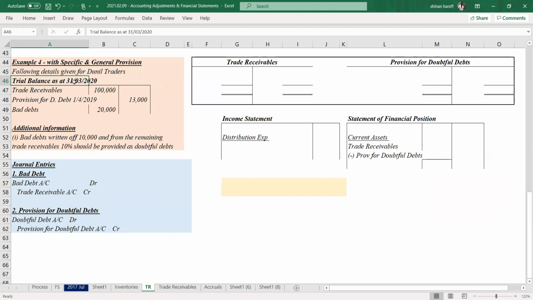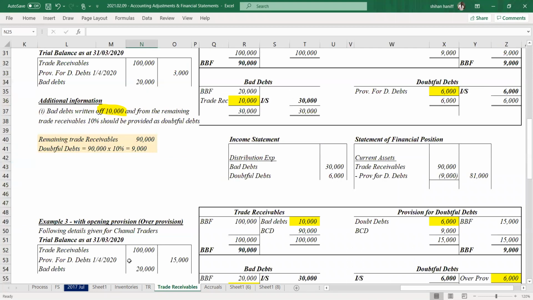Following details are given for Donate Traders. Trade receivables 100,000, provision for doubtful debt, let's take it as 2,000. Bad debt 20,000.